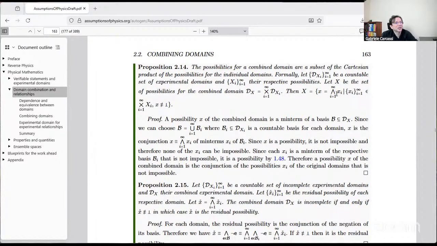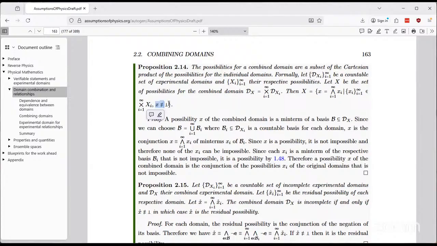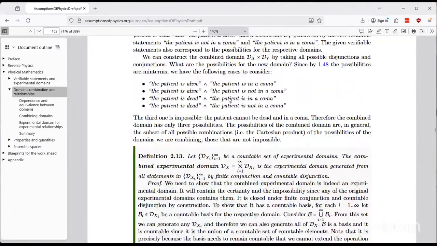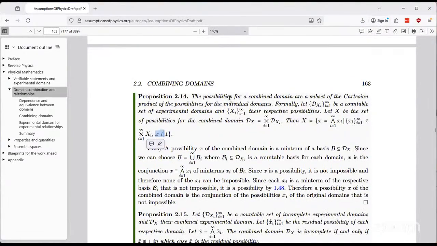You're taking the disjunction from each element of the possibility, which now would be the Cartesian product. It's all the possible combinations, but you're only taking the ones that are not impossible. So it's a subset of all the possible combinations. And we use an and before, because one thing from each domain has to be true.